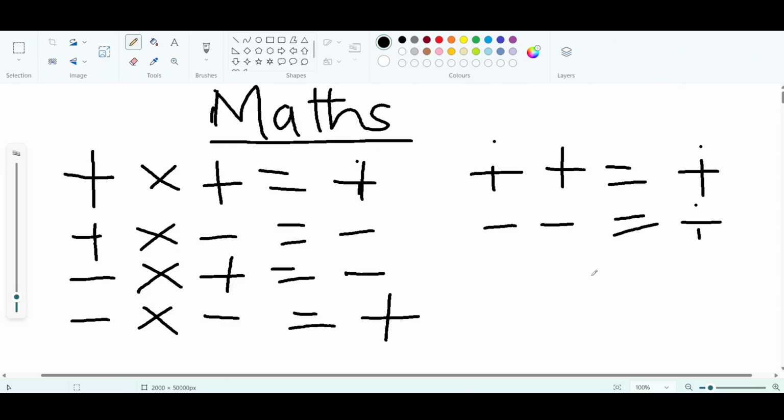So if the signs are different, it's going to be minus, when one is plus and the other is minus. So that is what we dealt with the last time.